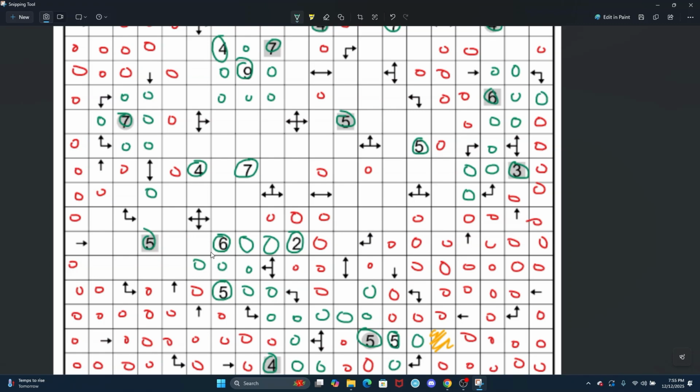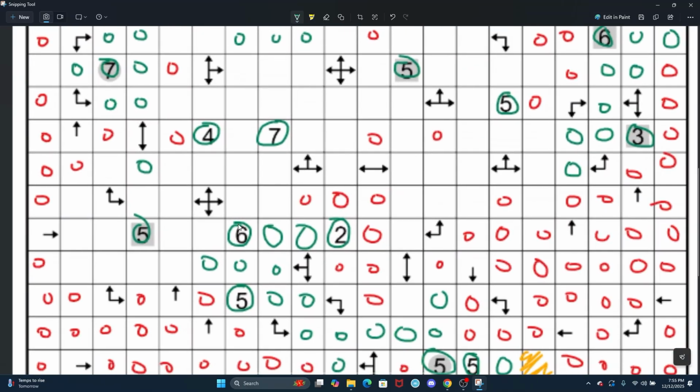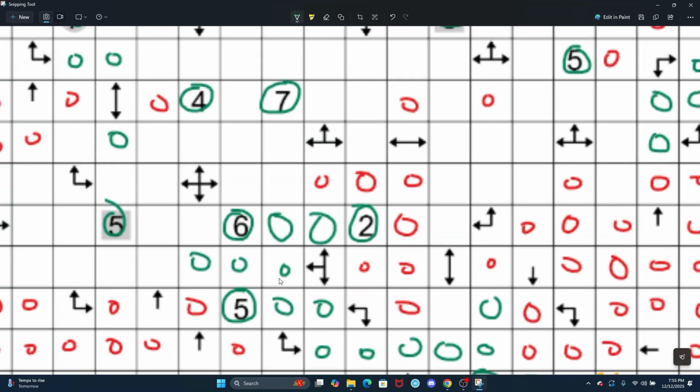So now what? Okay, we can look at the 6, right? We already have 5 green tiles next to the 6. So among these 3 unmarked cells, there can only be one green cell, right?